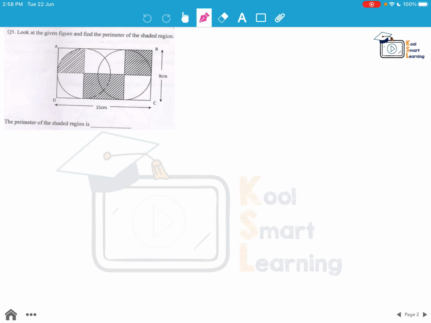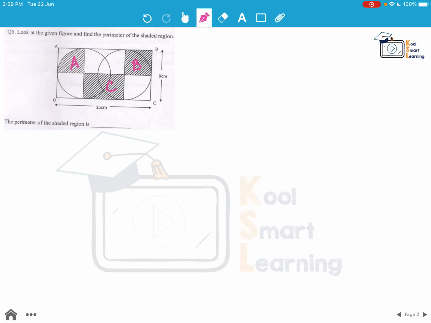Let's first of all call these regions A, B and C, just to make it easy to depict. So now what is the perimeter?